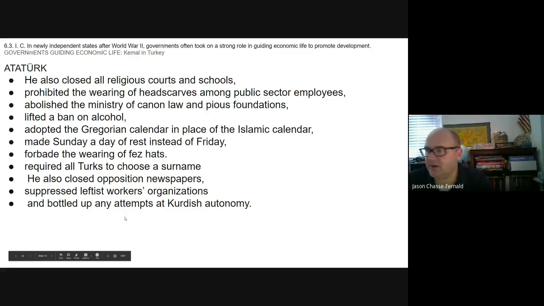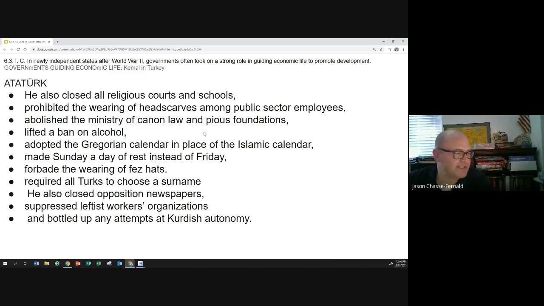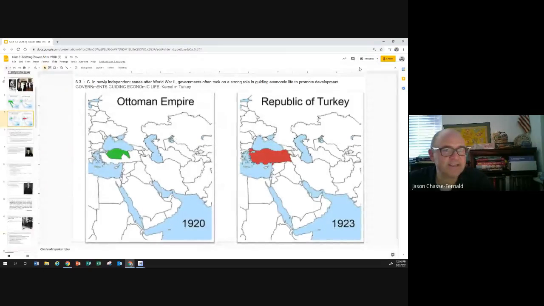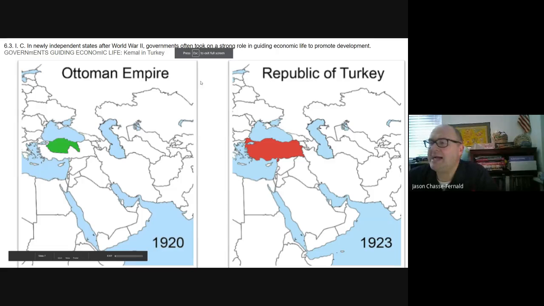And of course, Turkish nationalism had to be prioritized over other nationalist claims that take place within the Middle East. And one of these nationalist things that pops up is Kurdish nationalism during this time. If you're not familiar with the Kurds, I think we talked about them in class maybe once. We talked about Saladin, of Kurdish origin.